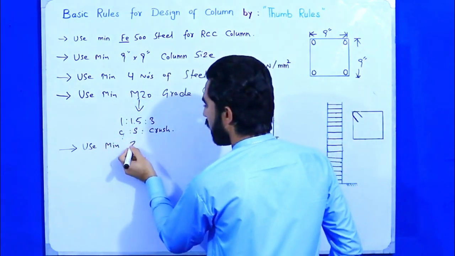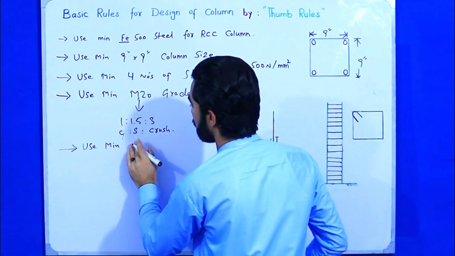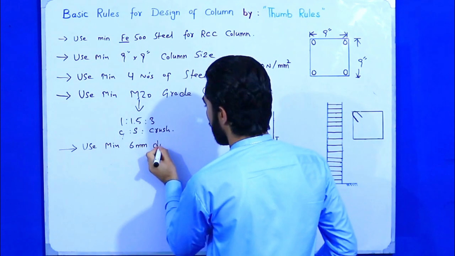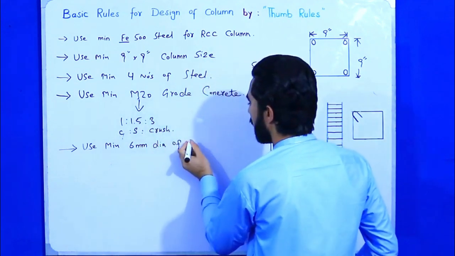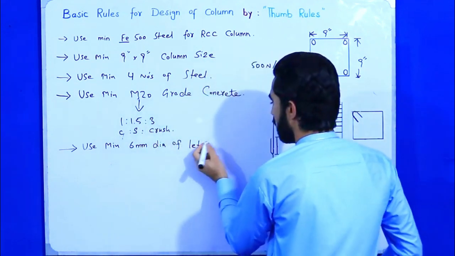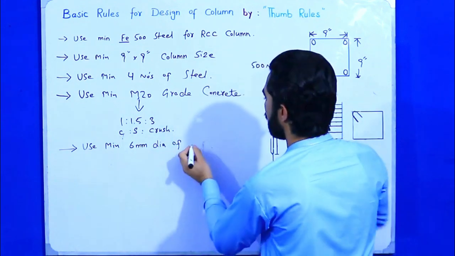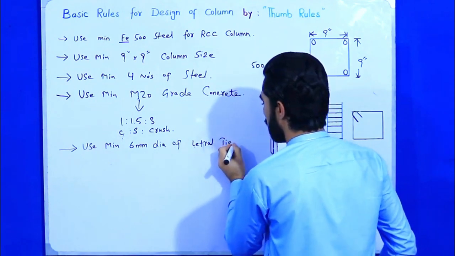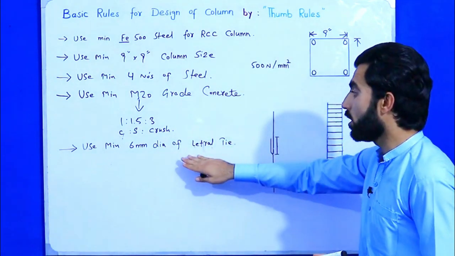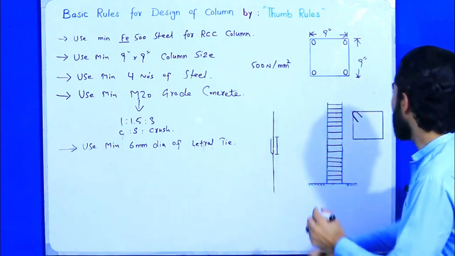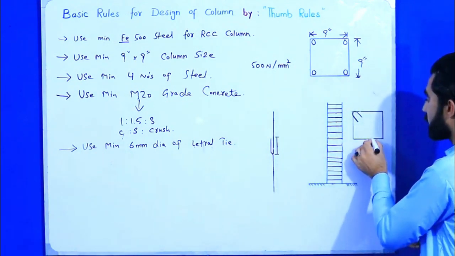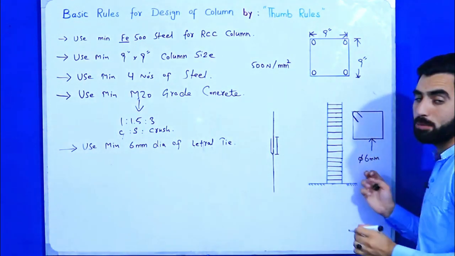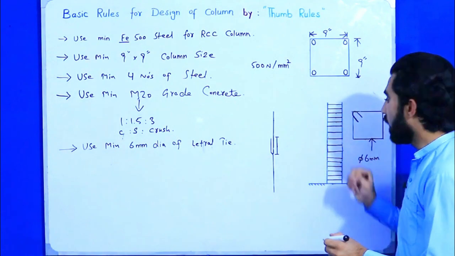Use minimum 6 millimeter dia of lateral tie. You can see this is a lateral tie and its dia should not be less than 6 mm. Use minimum 6 millimeter dia of steel for lateral ties.